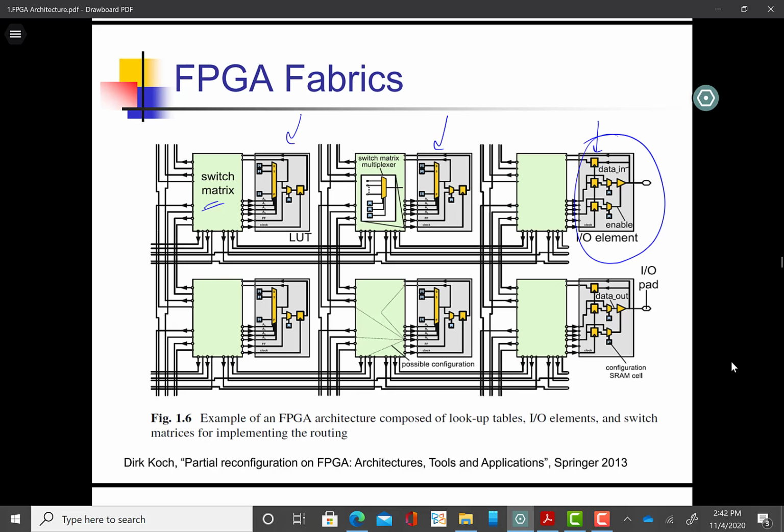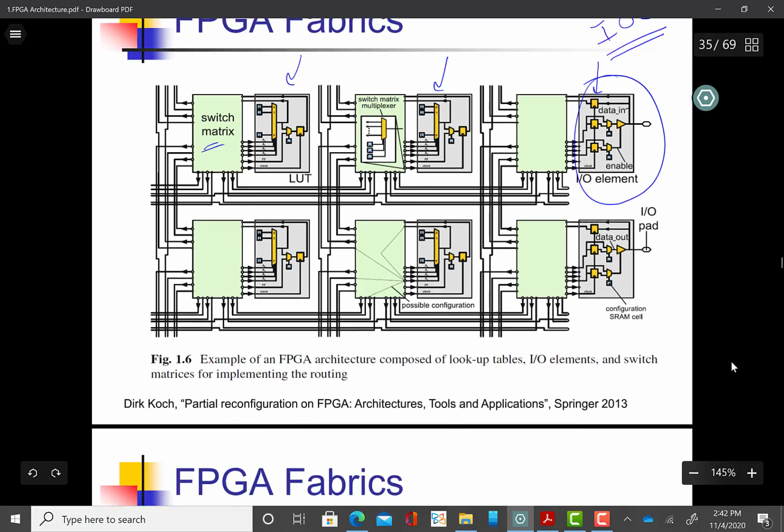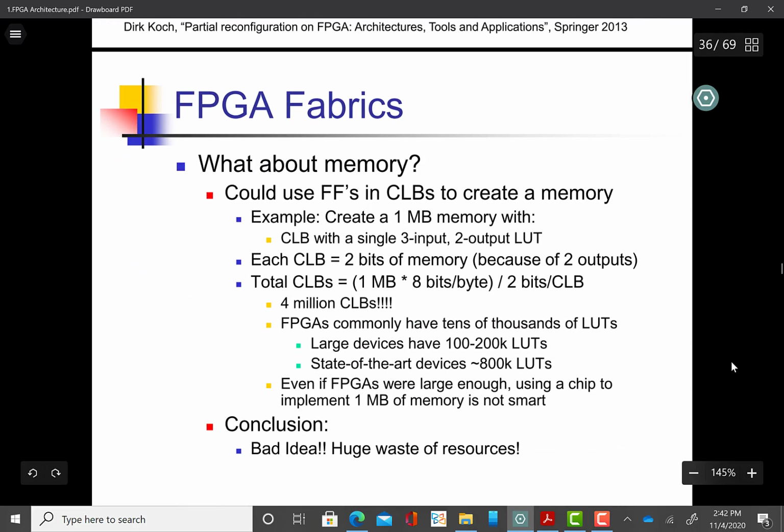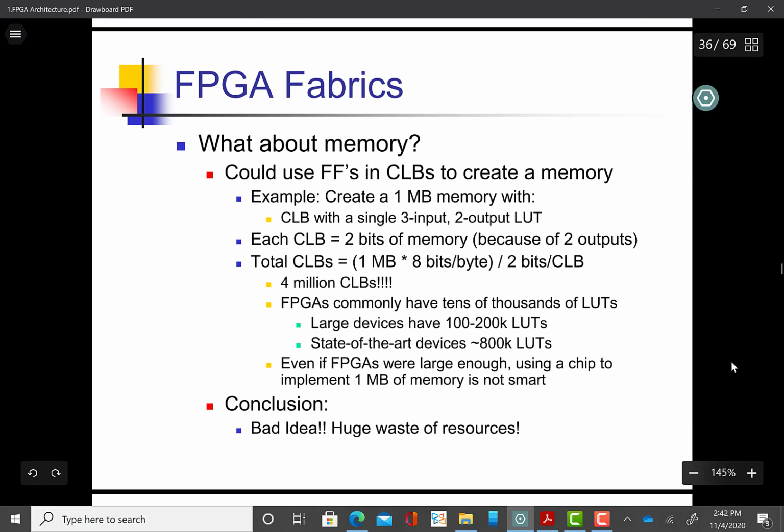Those pins are called IOB, or input output blocks. Maybe we come to it in the future slides. So an FPGA fabric is CLBs plus this routing, and on the edges or boundaries we have the IOB blocks.